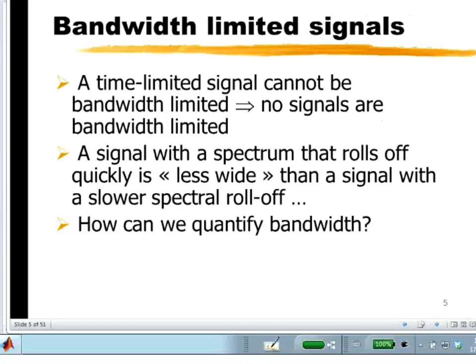Okay, so we live in the real world, which means that a signal is limited in time. I don't go to the lab and wait for infinity of time to generate my pulse. No, I'm there for a while, and the signal is definitely time limited. So that means it cannot be bandwidth limited. It has infinite bandwidth.